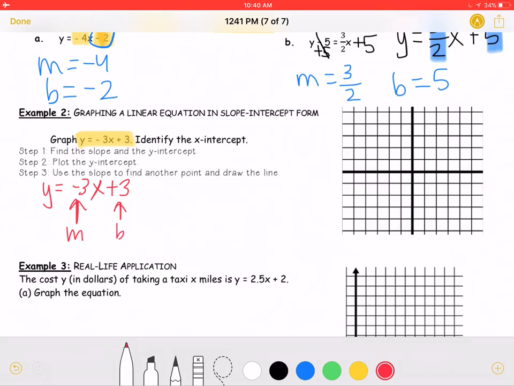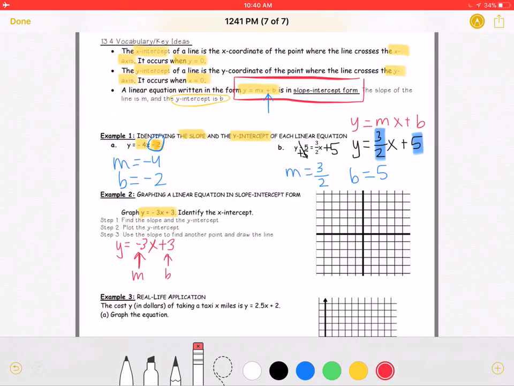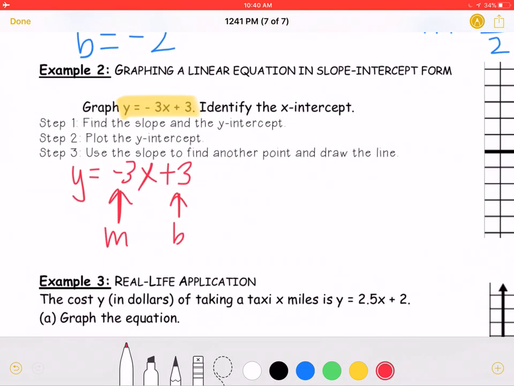If we remember our y-intercept, let me just zoom out a little. Looking at this second bullet point, the y-intercept is where our line is going to cross over the y-axis, but it occurs when x equals 0. So when x is 0, that 3 is y.